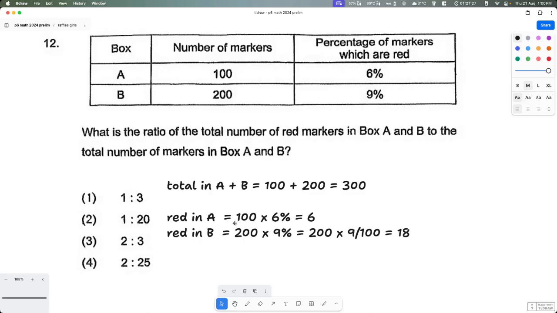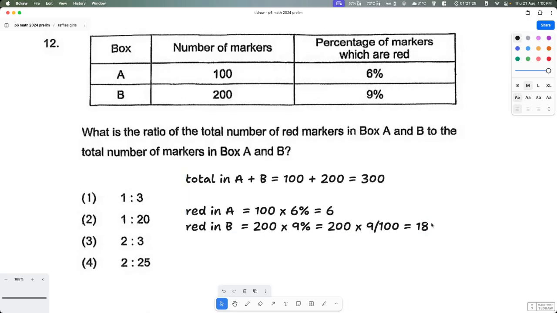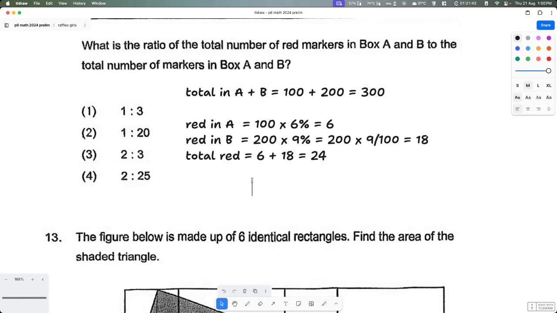So lastly, we want to get the total red, which is equal to 6 plus 18, which is equal to 24. So total red to total is, in this case, 24 is to 300.